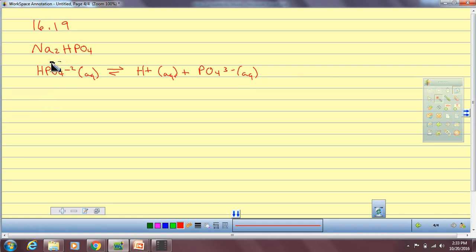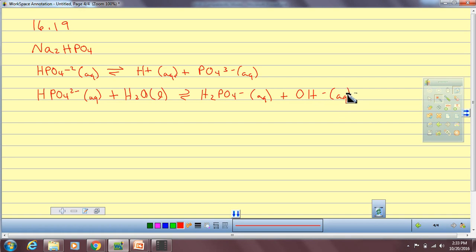And then it would be acting as an acid, and acting as a base in water, it would produce H2PO4 minus and hydroxide ion.